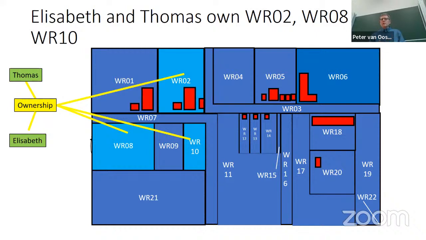So here we see the second case. Two persons, Elizabeth and Thomas, own together the parcels 2, 8, and 10. So we see again an association from the parcels to the ownership right to the persons or parties, Thomas and Elizabeth.